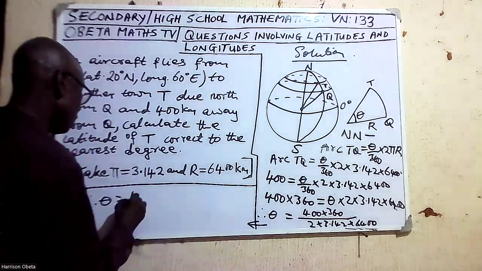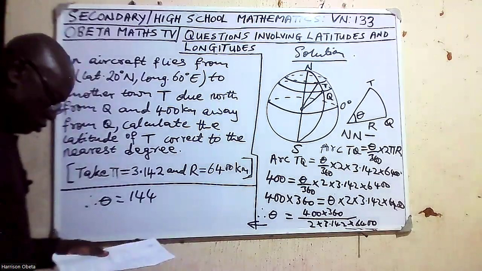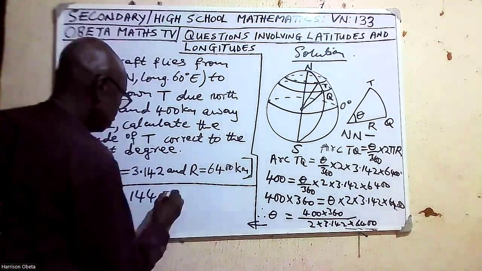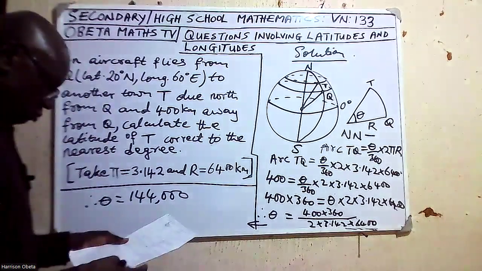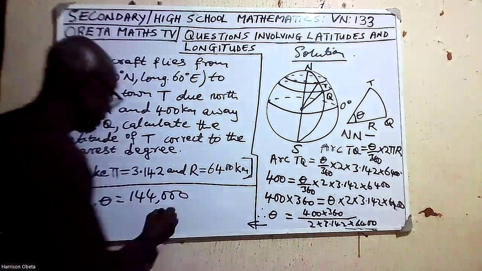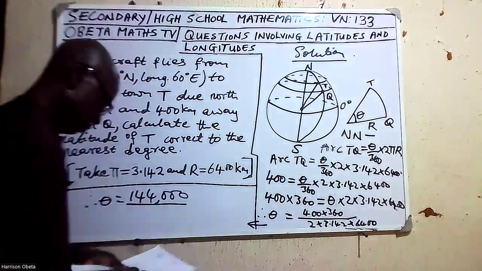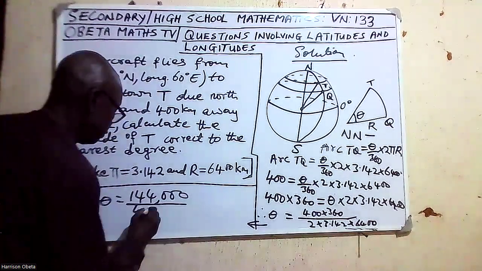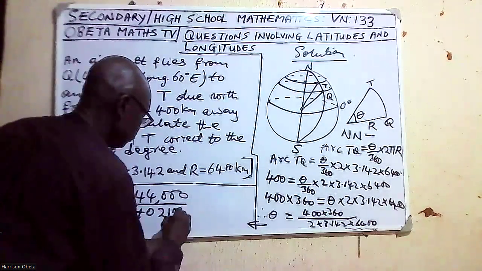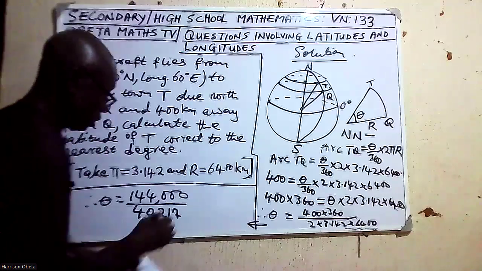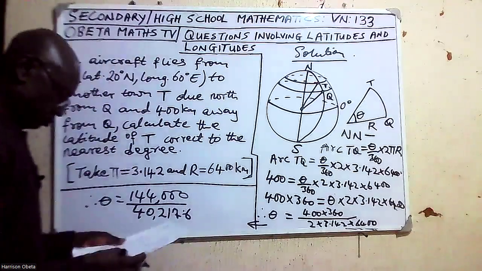Theta equal to 144000 divided by 40217.6.